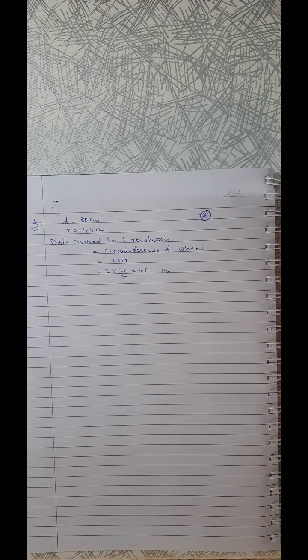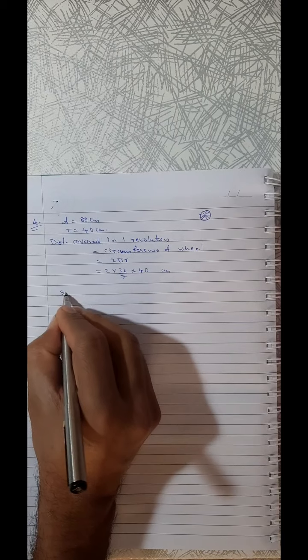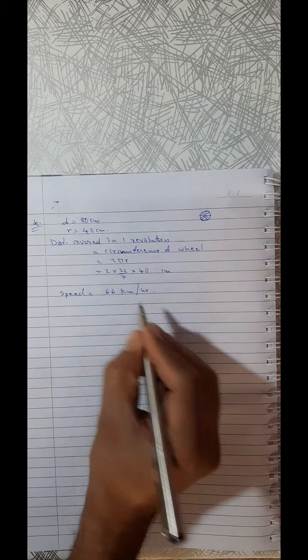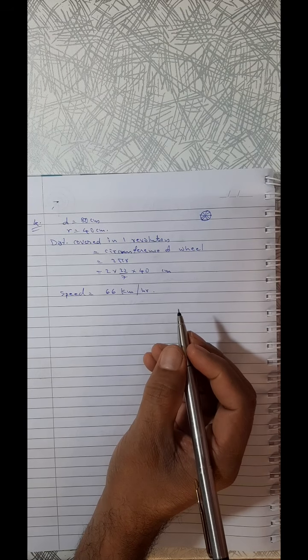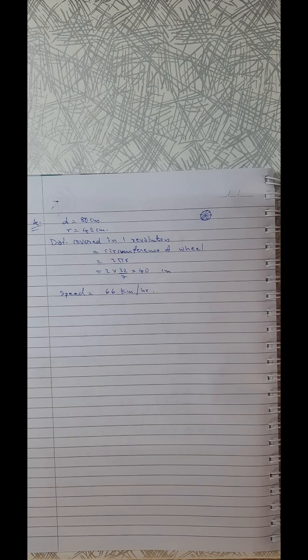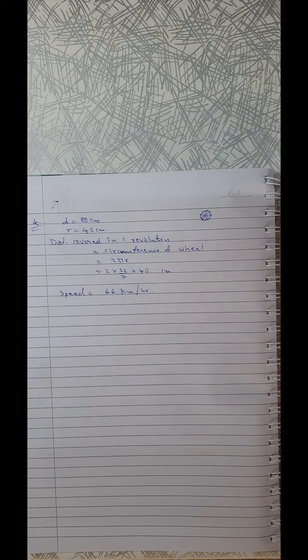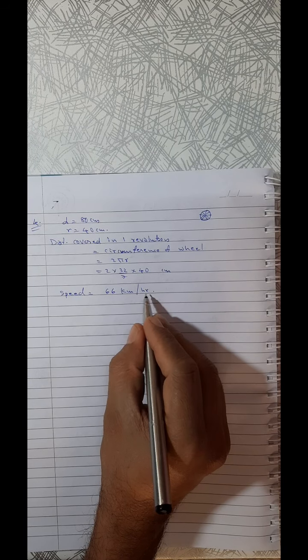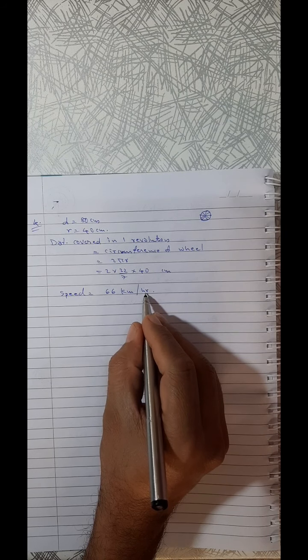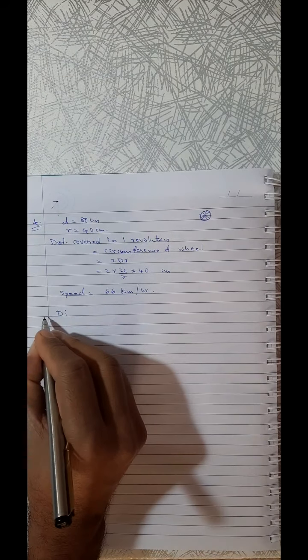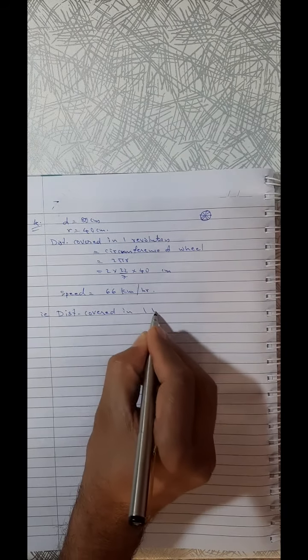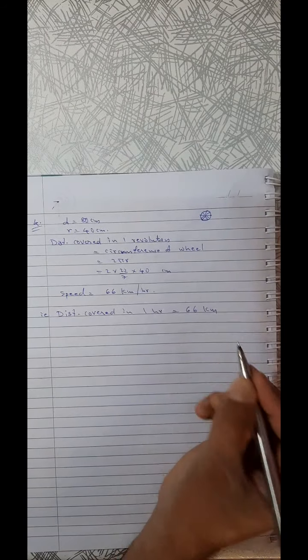Now they are saying that speed is 66 km per hour. That means in 1 hour 66 km will be travelled. Speed given as 66 km per hour, that we can break into 2. 66 km per hour means distance covered in 1 hour is equal to 66 km.